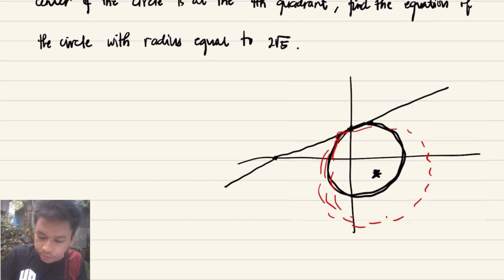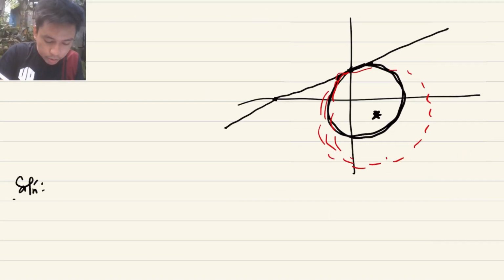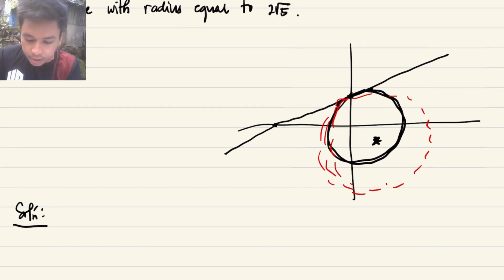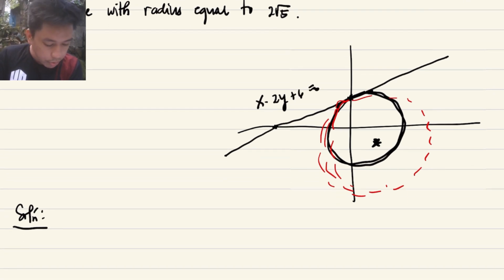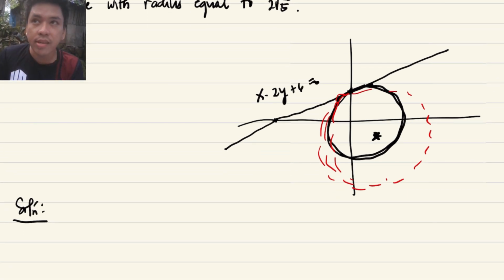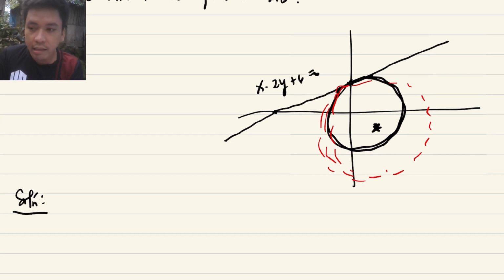In order for us to solve that, we know that we have 2√5 as the radius, and this is the line x - 2y + 6 = 0. So we will get the distance from the center to the line. That means we're actually getting the distance of a point to a line. And we already know that from our previous video on how to solve the distance of a point to a line.